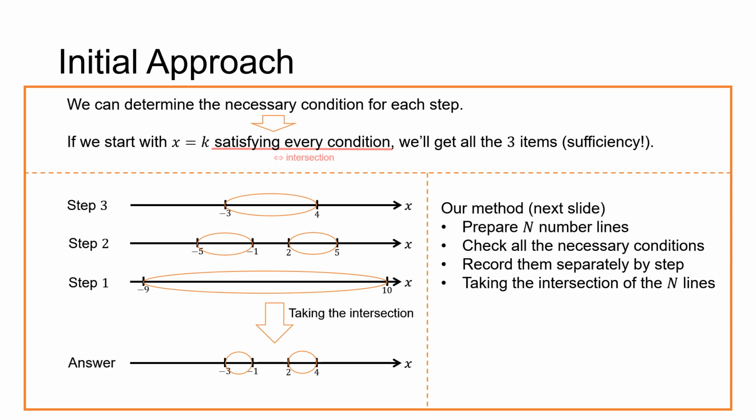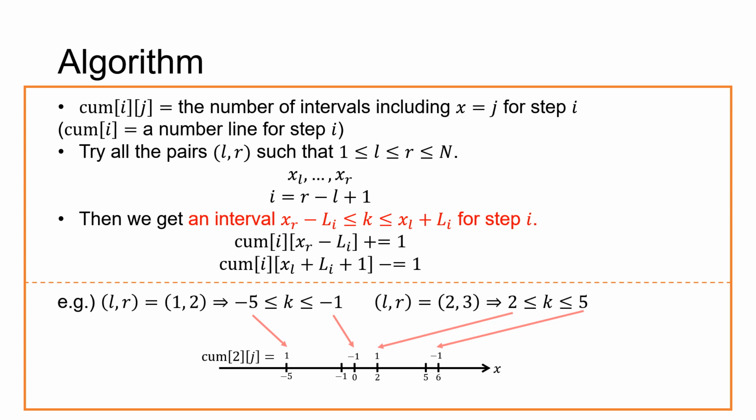Okay, let's introduce the algorithm. We define cnt[i][j] as the number of intervals including x equals j for step i. Here, cnt[i] should be regarded as a number line for step i and index j as the x coordinate. Then check all the pairs L and R satisfying the condition between i and n.